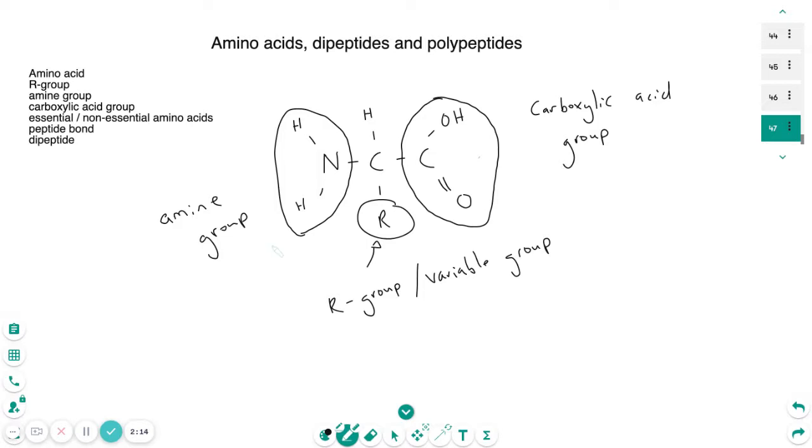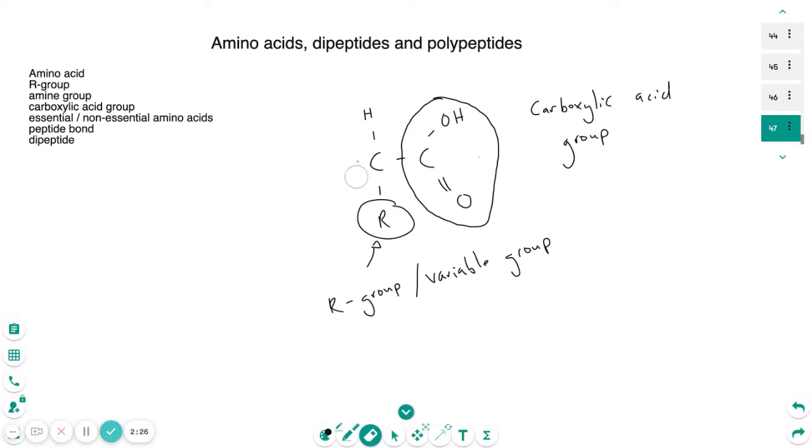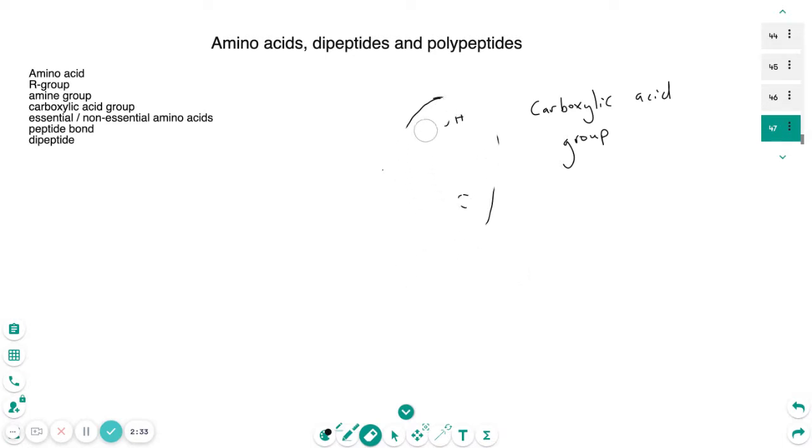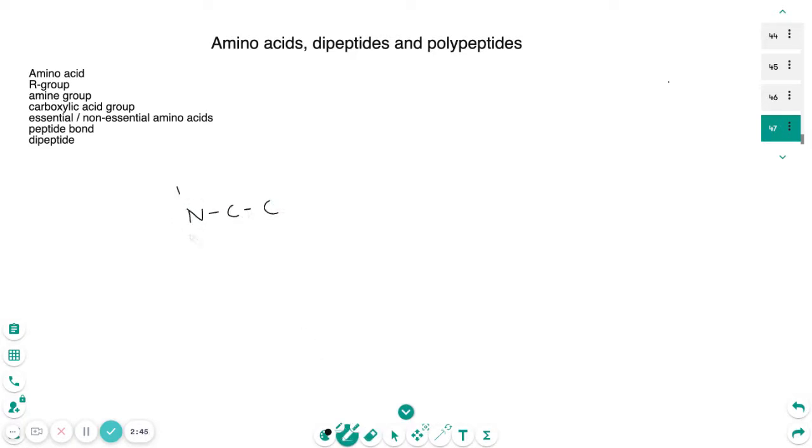Right, so now we're going to try and draw two amino acids bonding together, and you're going to recognize again the same type of bond taking place. We're going to get a condensation reaction occurring. So this might start getting a bit easier for you now. Okay. So I'll draw a bit small this time. Here's my first amino acid, NCC. Hydrogens there.